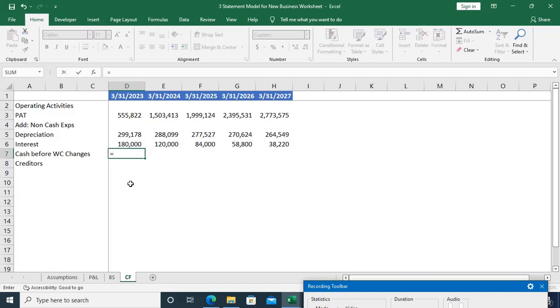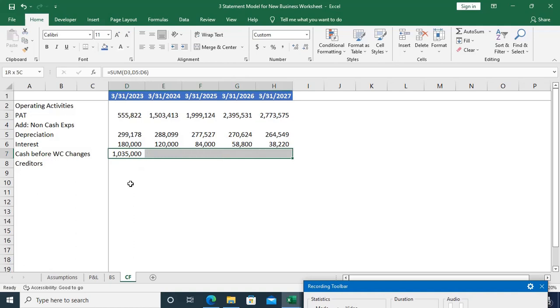Equal to sum this comma this to this, putting enter, shift right arrow control R. So this is the cash before working capital changes.